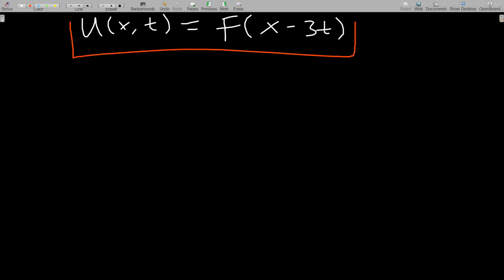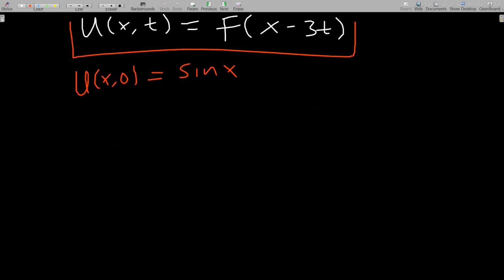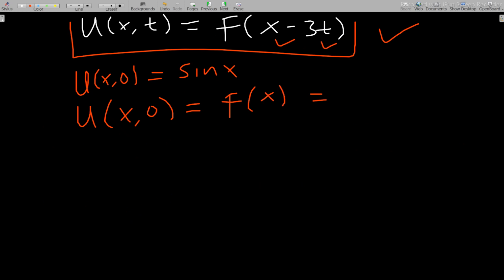Now we said that u of s comma 0 is always equal to sine s from the question. This is the initial condition. Then it means that using this equation, u of s comma 0 is equal to, putting s in place of x and 0 in place of t, I'll get f of x, and you are saying this is what?